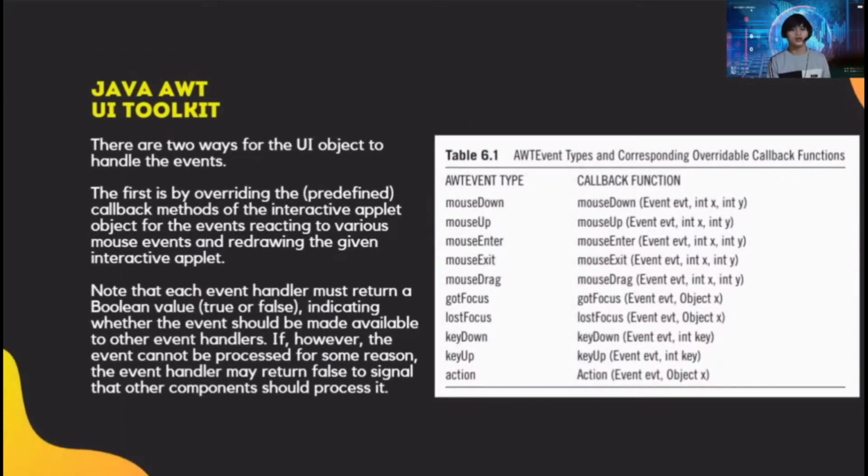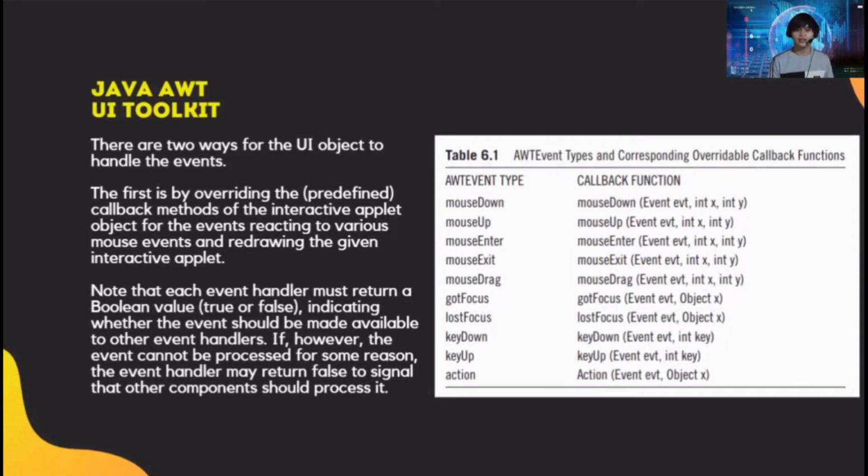There are two ways for the UI object to handle the events. The first is overriding the predefined callback methods of the interactive applet object for the events, reacting to various mouse events and redrawing the given interactive applet.